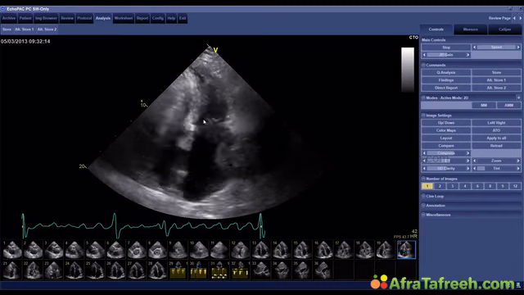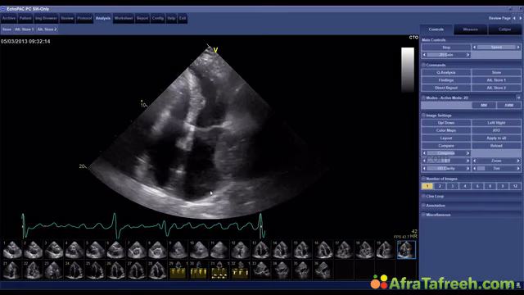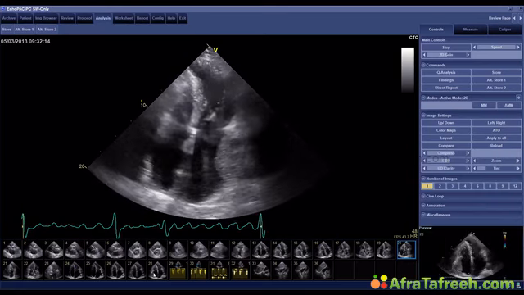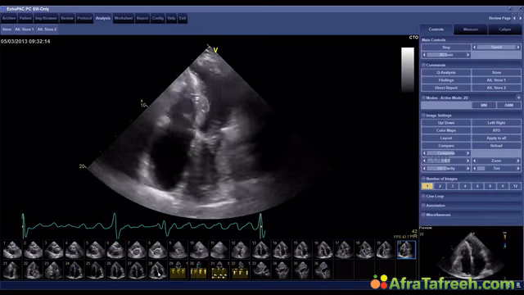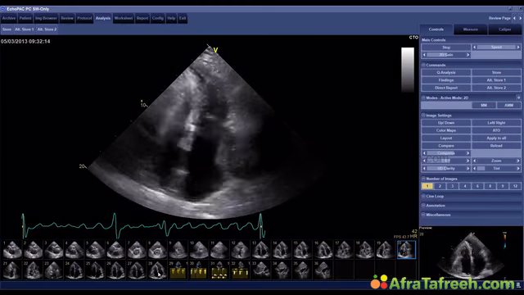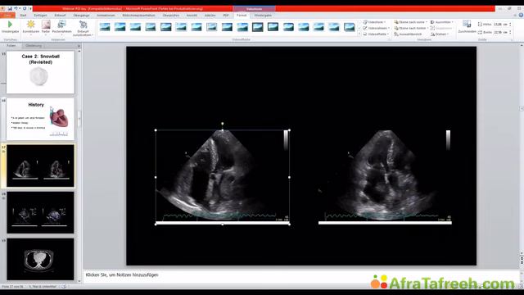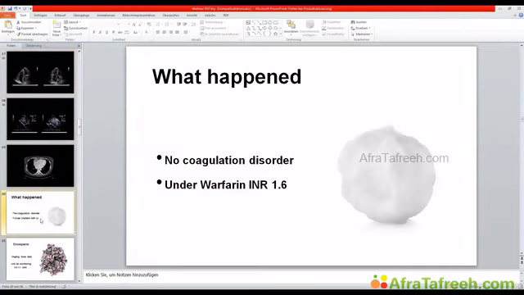But the patient also has reduced left ventricular function, and we then decided, okay, let's just go for it and let's see how the patient was anticoagulated in the first place. When we looked at the patient, we found out that she did not have a coagulation disorder, but her warfarin was simply not in the optimal therapeutic range.